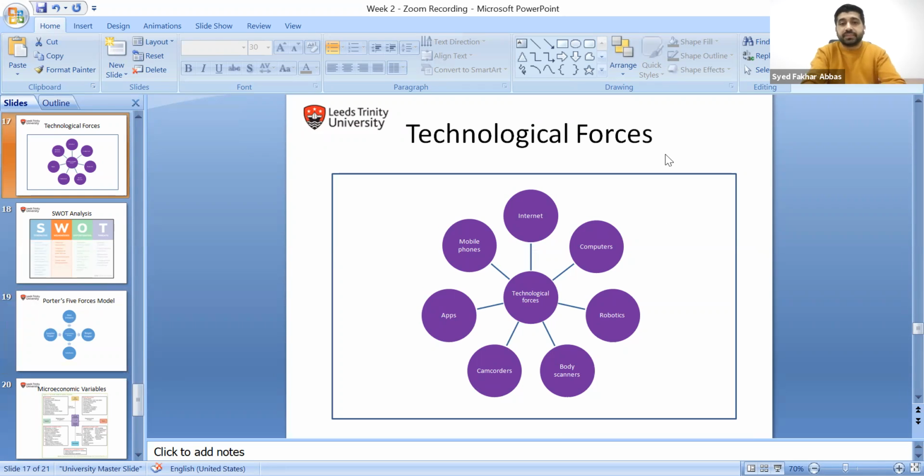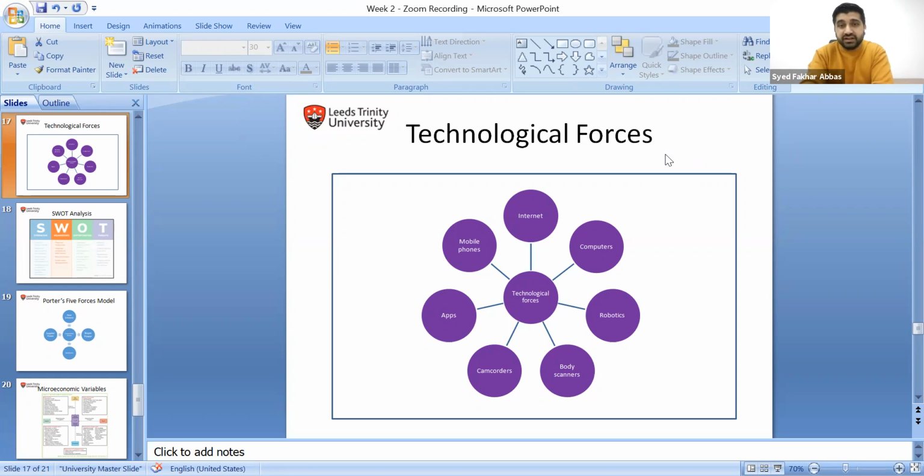Technological forces. There are different technological forces. Those impact businesses and the business environment as well as their profitability, their growth, et cetera. Because of new developments in technologies, we have seen that many companies are switching to robot technologies and offering advanced technology when they are marketing and doing business in the market.